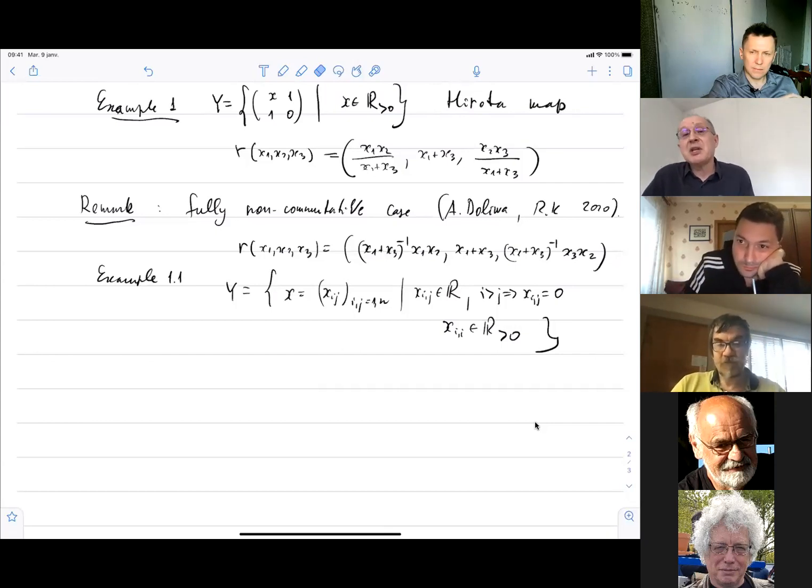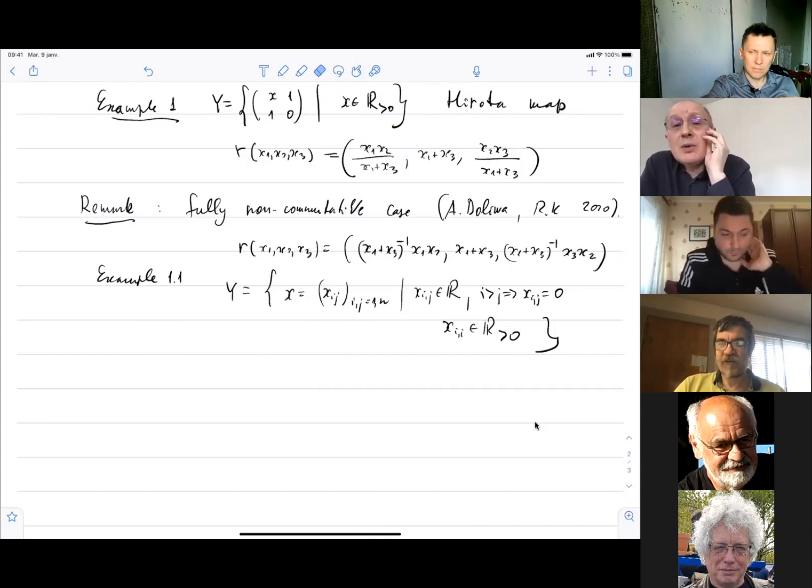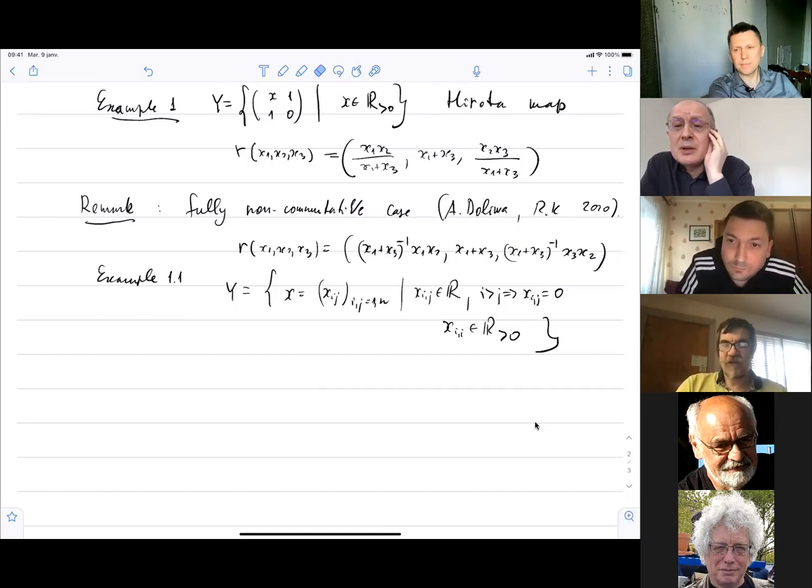But here it is fully non-commutative. Did you probe something like the pentagram maps? Yes, I played with the fully non-commutative pentagon, if you mean this. The pentagram is a dynamical map, which is not the pentagon equation, but with the pentagon equation I also have some experience in the non-commutative case.